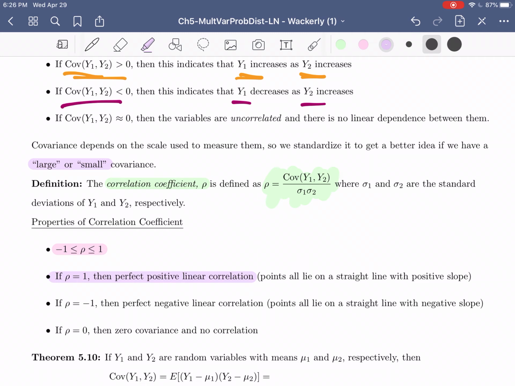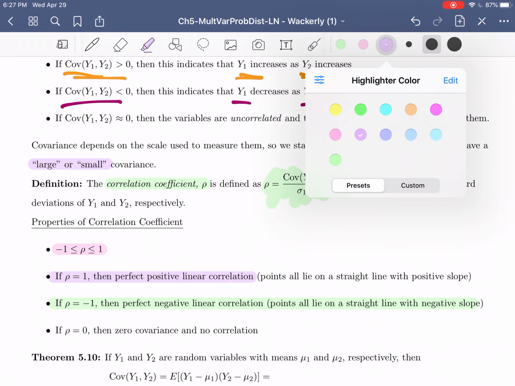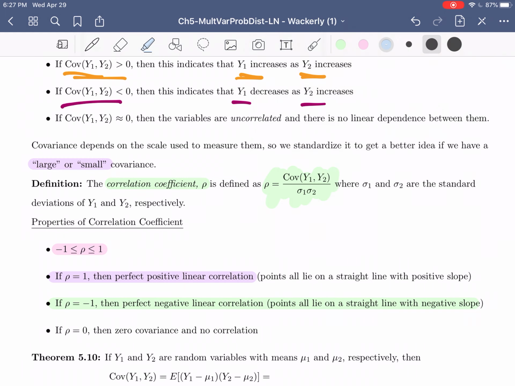All of those points are lying on a straight line with a positive slope. And if we have a -1, then all of those points lie on a straight line with a negative slope. And if we get a correlation of 0, then there is no correlation.